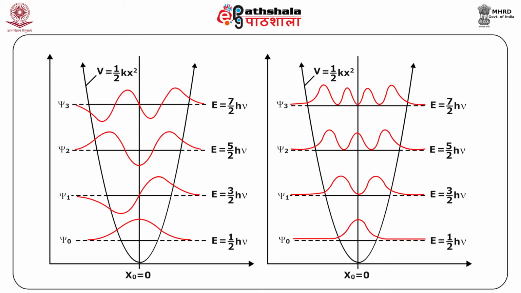You can see that on the left hand side, the wave function is both negative and positive, but probability densities are always positive, therefore they always lie above and are not less than 0. These are the things which you must notice. So these plots are for the various energy states. If we start from the bottom, the lowest plot is for the ground state, then the next is for 3 by 2 h nu, and so on.